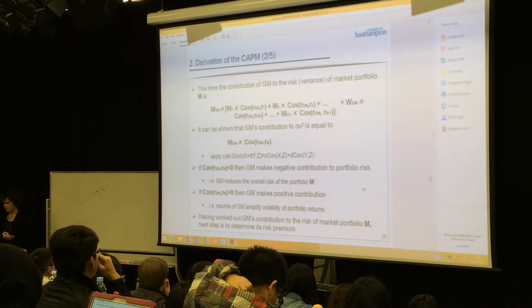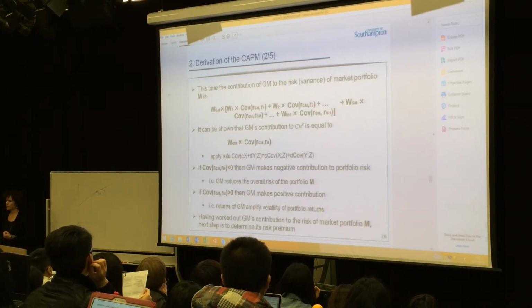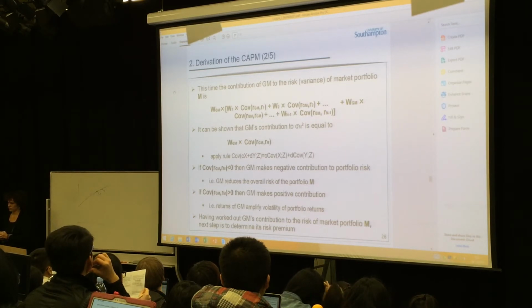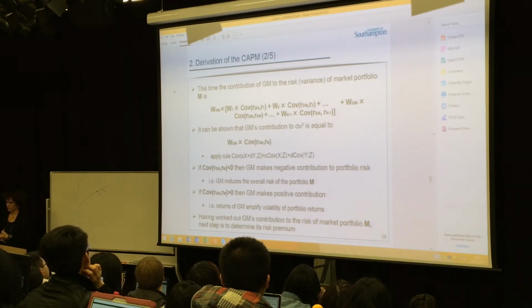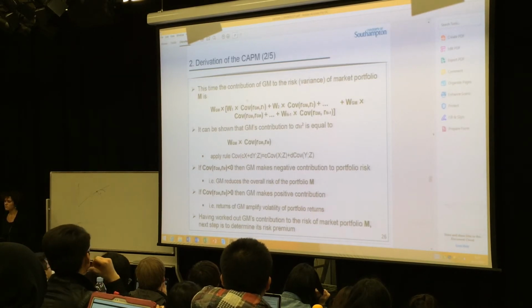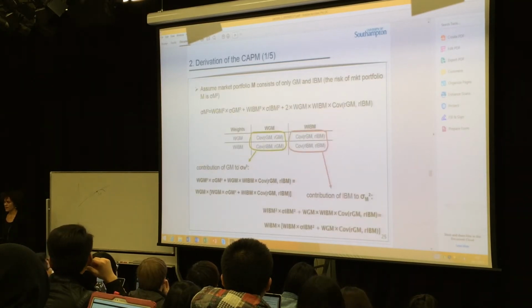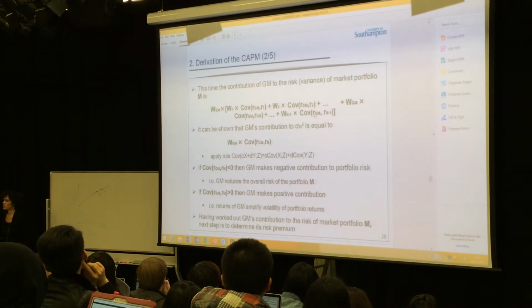Suppose that I have many assets. Once I have this formula, I can generalize it for n stocks in my market portfolio.